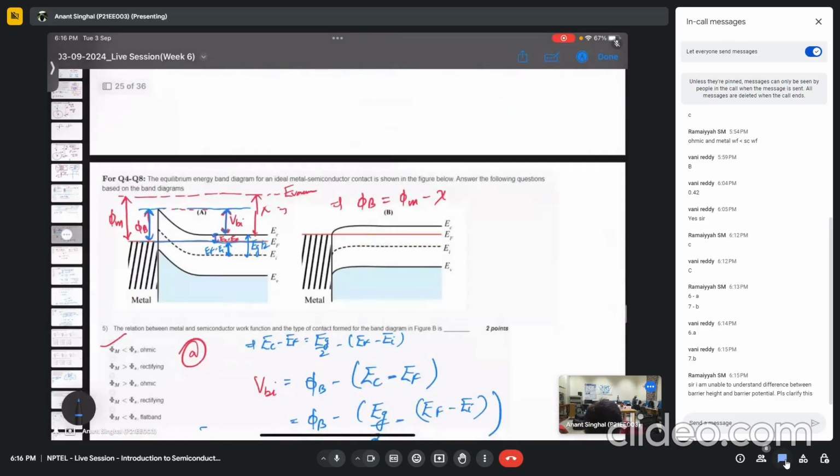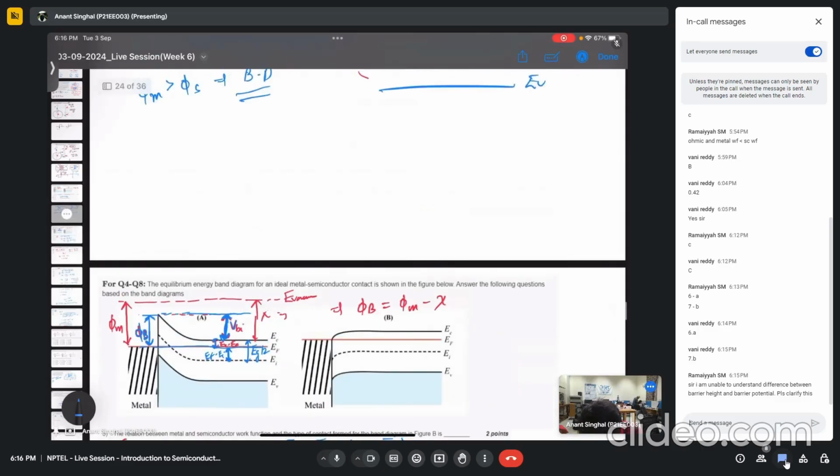We have a barrier at the metal and semiconductor interface. This is the barrier height or barrier potential, if you want to say it. And V_BI is nothing but this. Once we have this band bending, from the vacuum level or from the top end to the conduction band is V_BI. Maybe I can make it very clear with a PN junction.